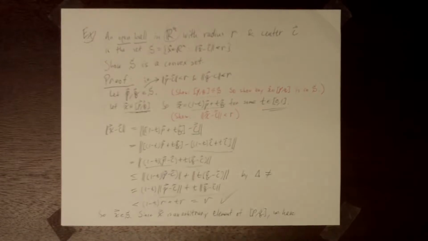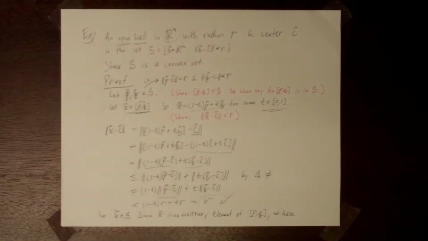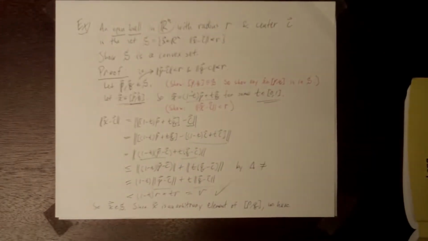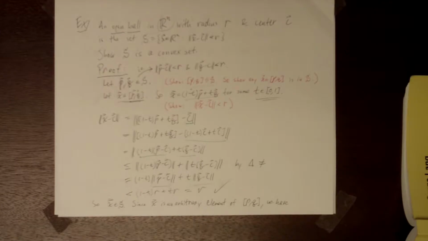All right, so that's one example. All right, let's do something else. We're getting into section 3.4 of the text, which is on linear independence.